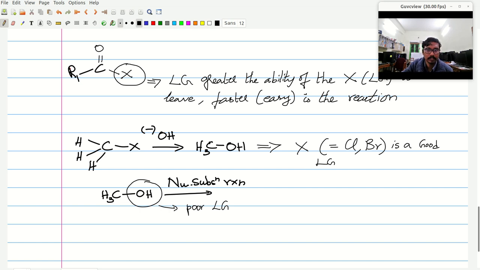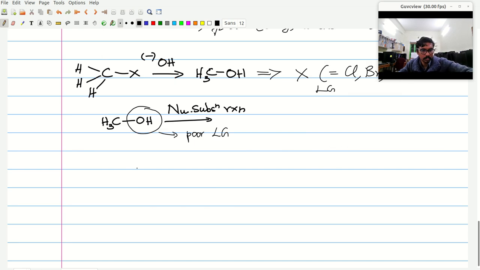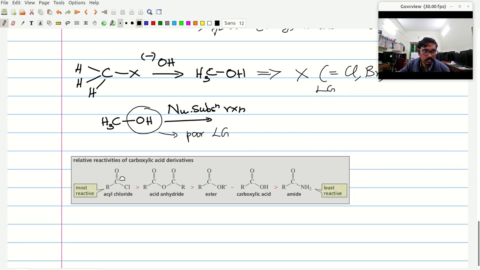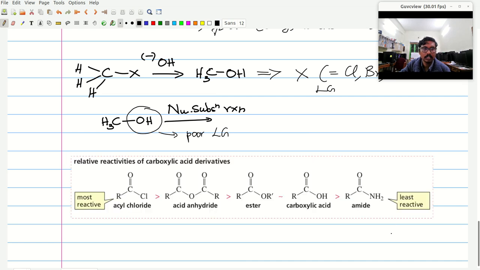So let's look at the relative reactivities of carboxylic acid derivatives.